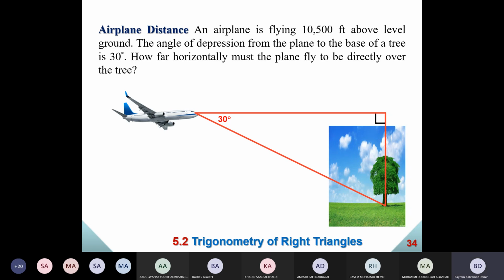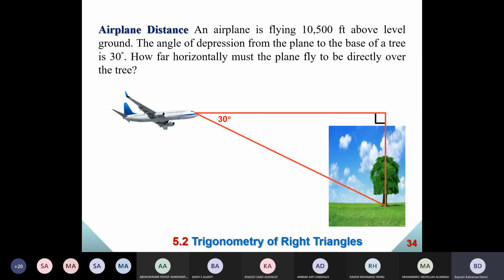Well, another question that we asked in the previous exam, Shabab. Imagine you are a pilot, and you are measuring the angle of depression from the plane to the base of a tree as 30 degrees.